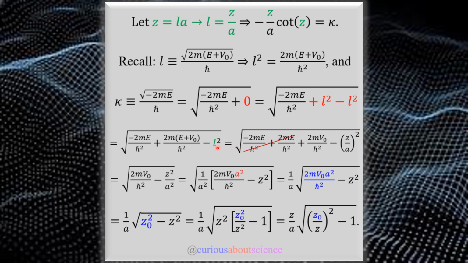So again, color code, L we found was z over A, and now we just algebra our way through the rest until kappa can be a function of z. So factor out a 1 over A squared, you see that the forcing factor has to be put in the numerator there, and then you see that the square can be taken outside the square root, no big deal. Here we see again we have a substitution that the book uses.